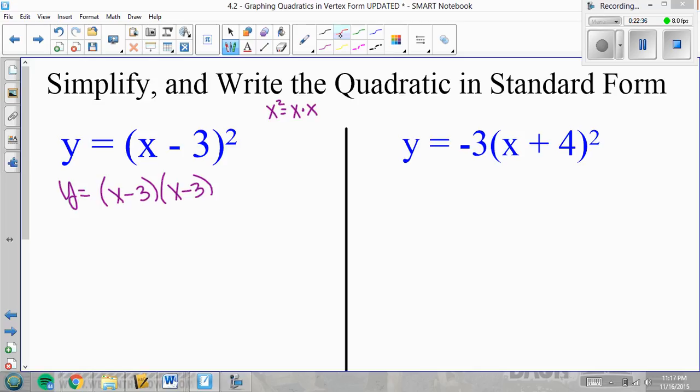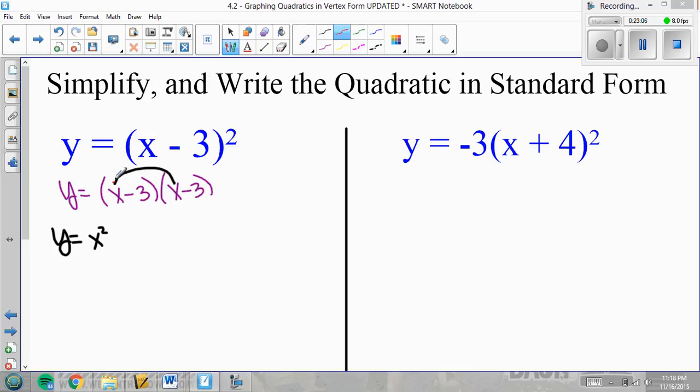I don't know if any of you remember how to FOIL or distribute. Normally when we distribute, it's something like this, and we just take that term out front and distribute it to both terms inside the parentheses. So now we're going to be doing that, except we have two terms. We're going to focus on the first one. Take x times x, and we get x squared.